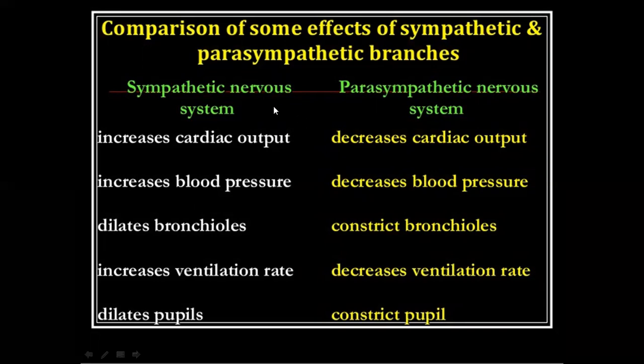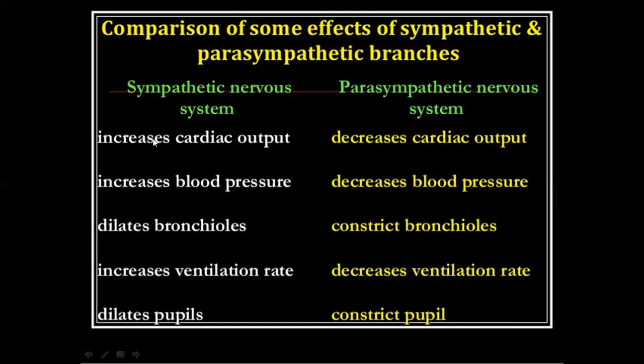The sympathetic nervous system prepares our body in an emergency situation, and this is called fight or flight. And what about the parasympathetic nervous system? When it takes action, when stress ends, it normalizes the condition. Is it clear? Now one by one you can see the differences between these two.